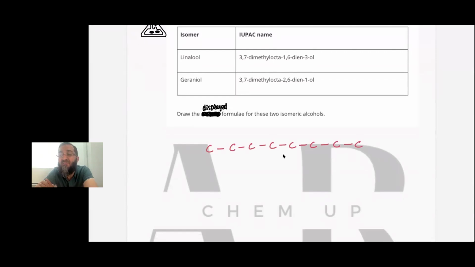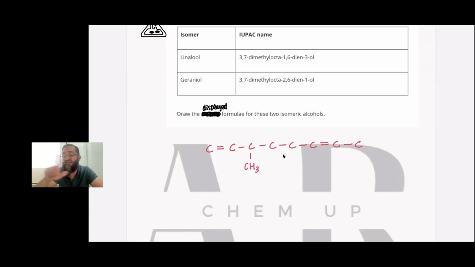The second one you will do on your own. First try to put all the functional groups. If we assume that carbon number 1 is on the right side, there is a double bond from carbon 1, then the next double bond is on carbon 6. Then we have an OH on 3.